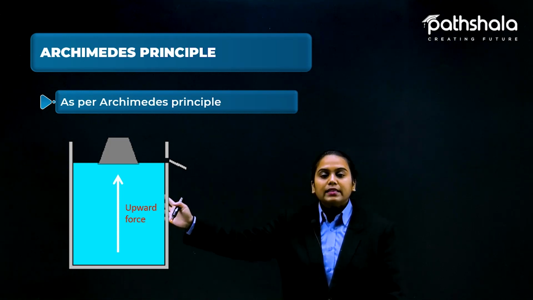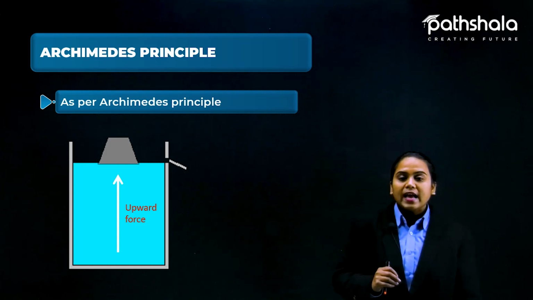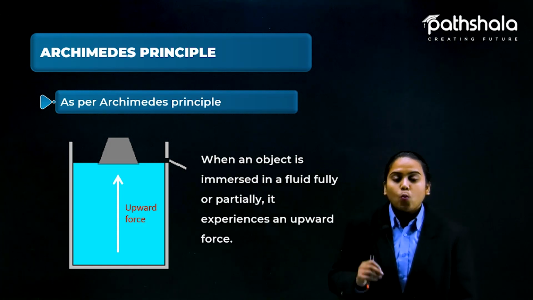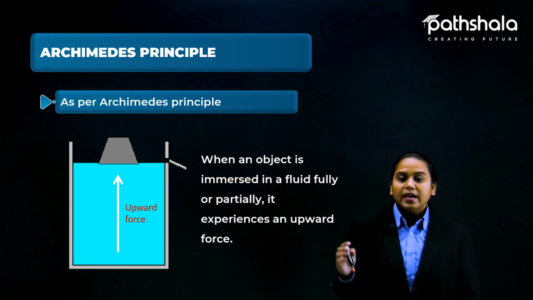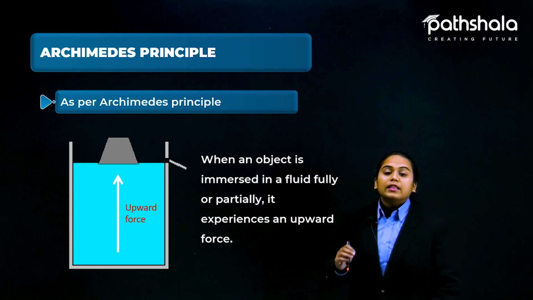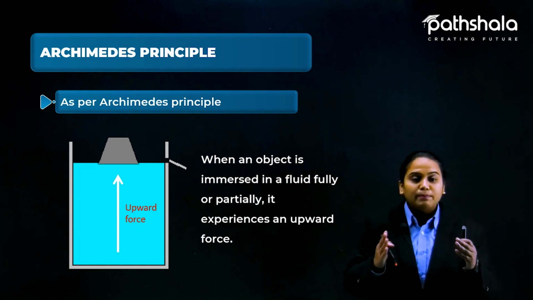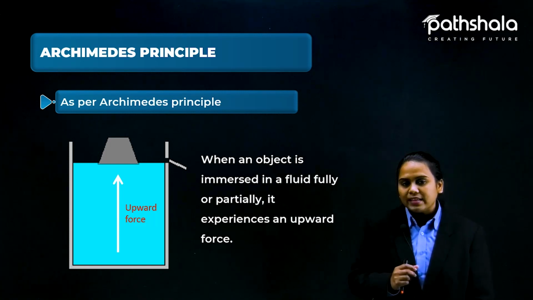But where has this liquid part gone? So now students, what he has said to us is that when an object is immersed in the fluid fully or partially, it experiences an upward force, and that is because the liquid part gets displaced by it, because it is also occupying certain space.